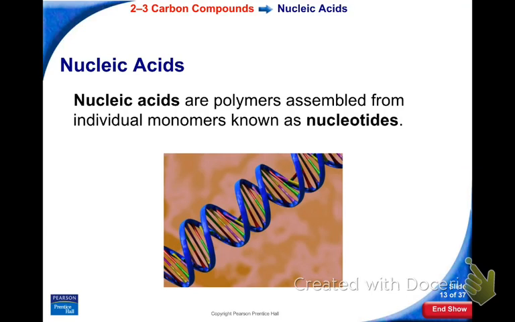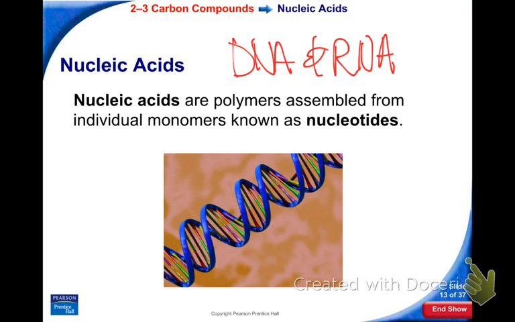Nucleic acids. Our next category, this is going to be our DNA and our RNA. This is going to be our blueprint of life, and we'll actually spend the least amount of time talking about this because you spend a lot more time talking about DNA and why DNA is so important in second semester when you talk about protein synthesis.